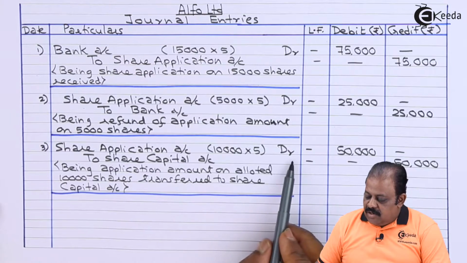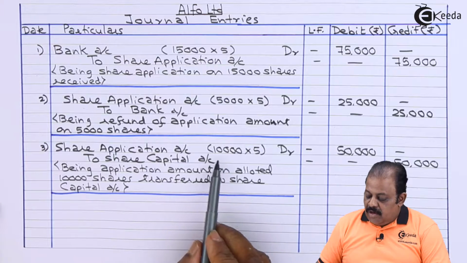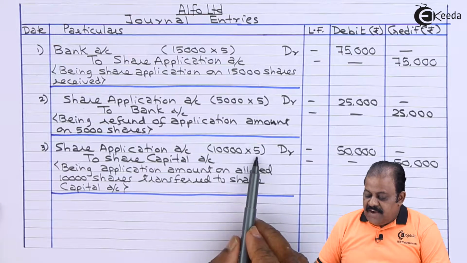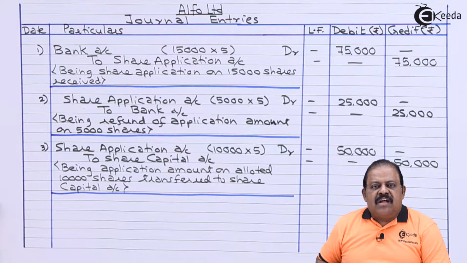Share application account debit to share capital account on allotted 10,000 shares, 5 rupees application amount, that is total 50,000, is transferred to share capital account. Here we have completed the first stage, that is application stage.